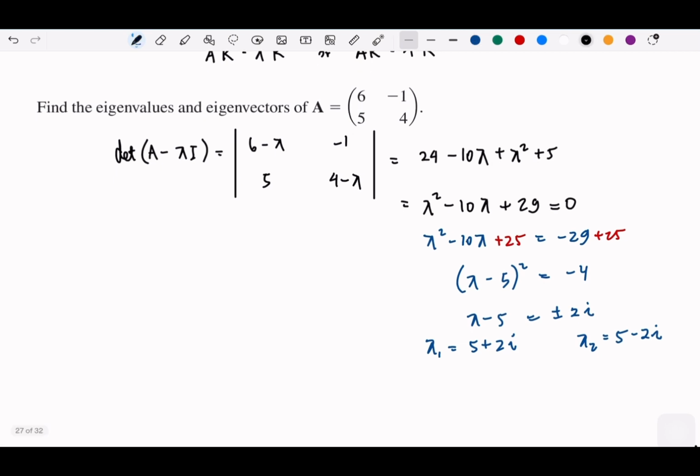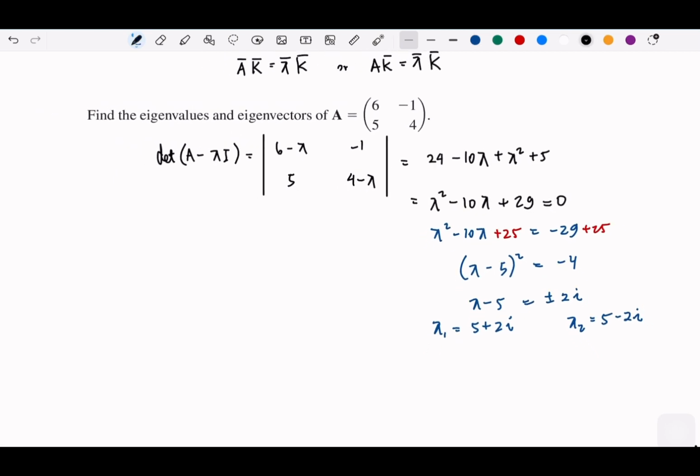So for lambda equal to 5 plus 2i, we can input into the system of equations. 6 minus 5 is 1, so 1 minus 2i, this is for k1, and minus k2, since this is negative 1, equals 0.